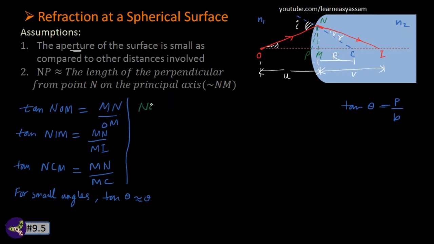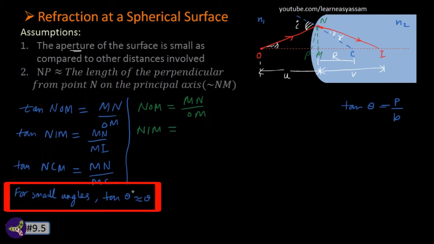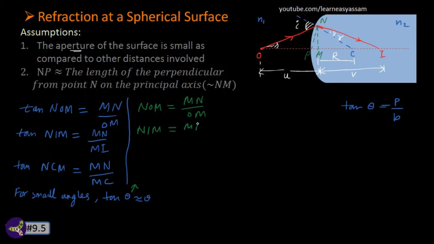Angle NOM is directly equal to MN by OM. Then NIM we can directly write from this assumption: NIM will be MN by MI, and NCM is nothing but MN by MC. From this assumption we can cut out the tan part, and we can write all these things.